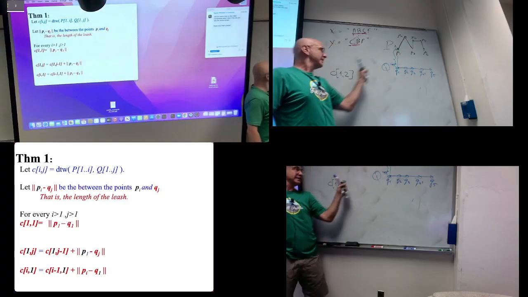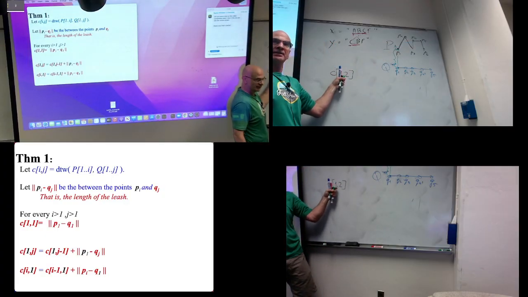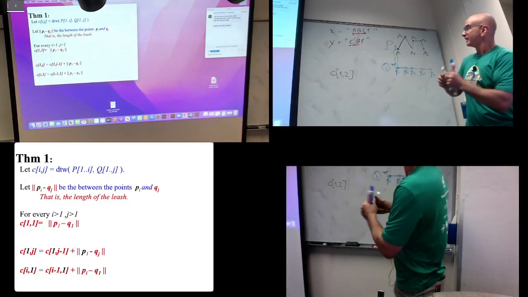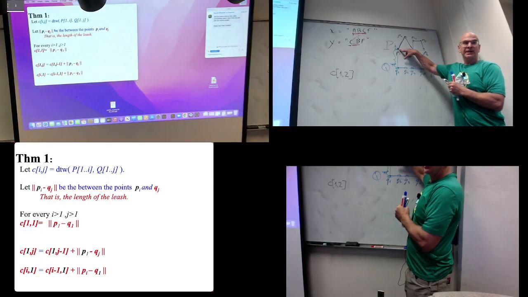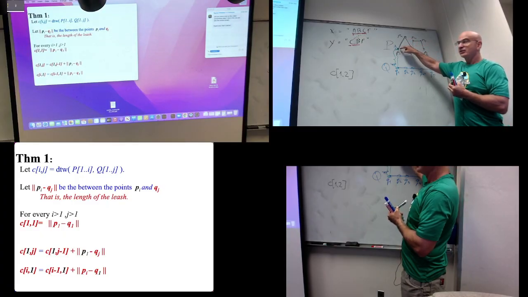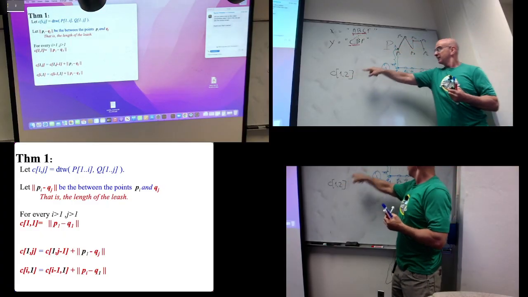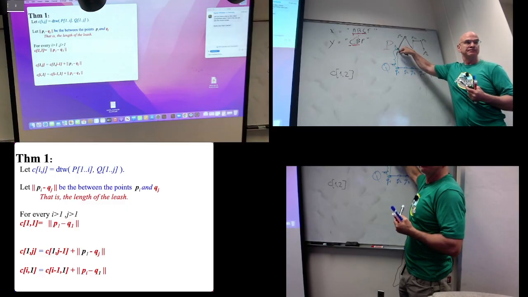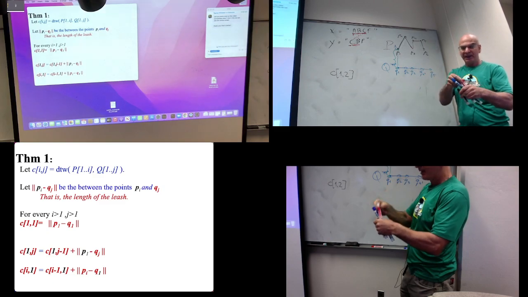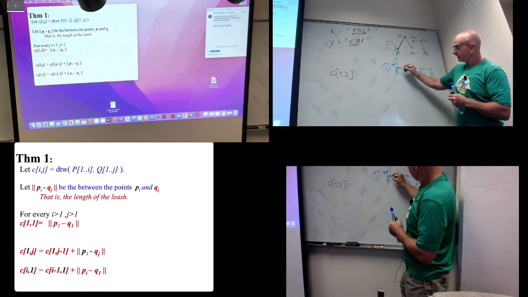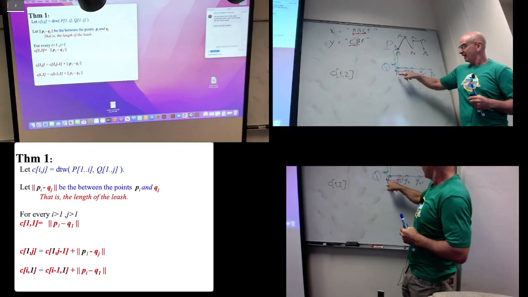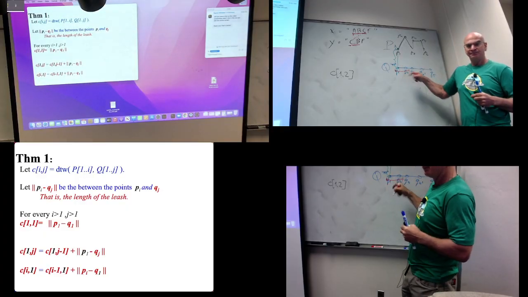P has a lot of vertices, but if I wrote 1 here, it means you're only looking at the prefix of the first vertex of P. That is, we are looking at some trip of the person and the dog, but the person starts at P1 and ends at P1. What part of the path of the dog are we looking at in Q? There is a 2 over here, so we start at Q1 and end at Q2.